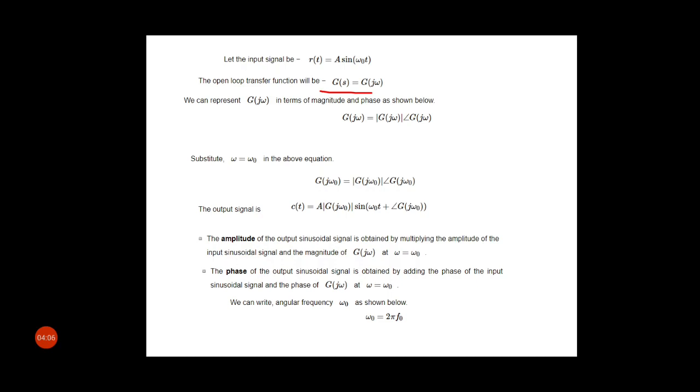Here we substitute omega equal to omega 0, so G(j omega 0) equals the magnitude of G(j omega 0) with the angle of G(j omega 0).